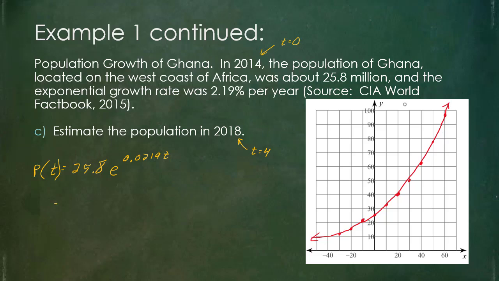Really it would just be figure out what is P of 4, which will be 25.8 times e to the 0.0219 times 4. And if I were to figure that out, it looks like this will turn into approximately 28.2.